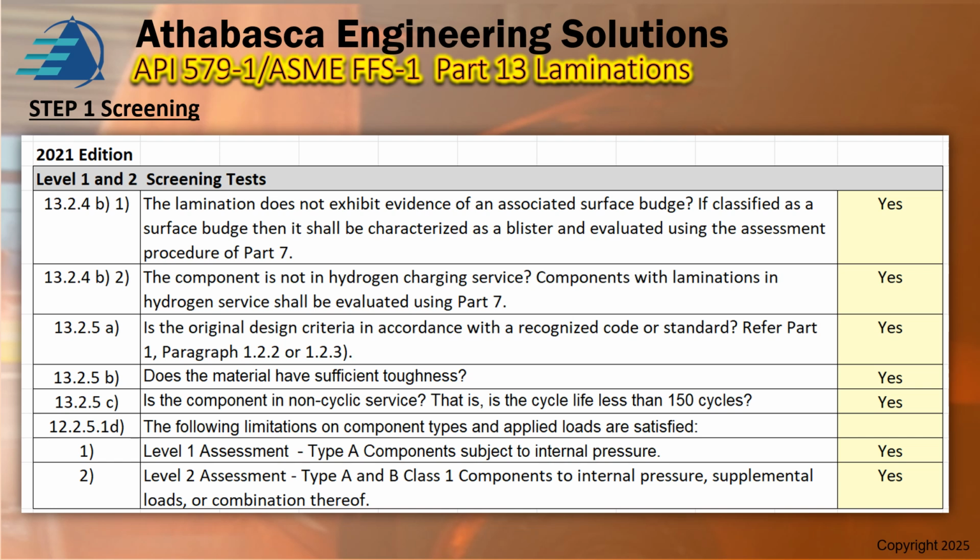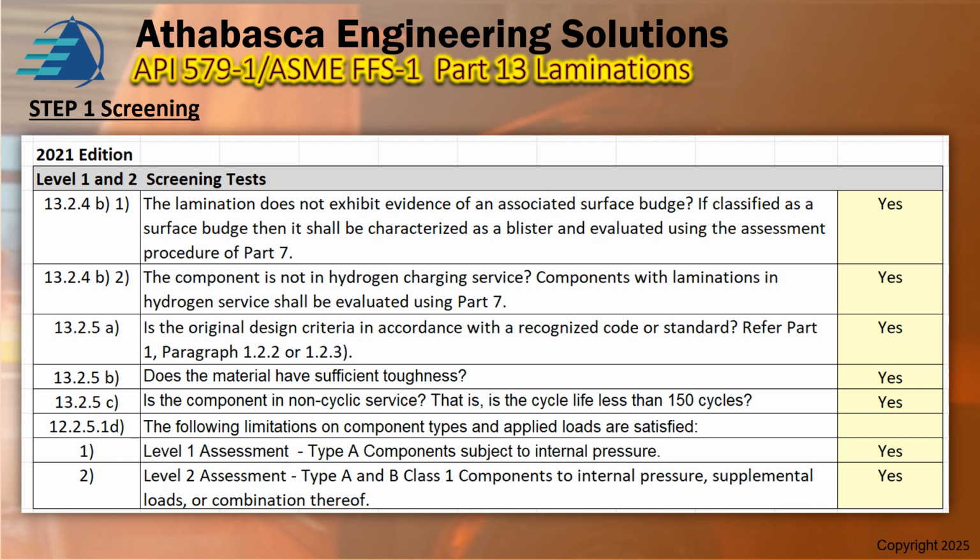Now that's going back to whether we have enough toughness in the part, whether it's a brittle situation. Is the component in non-cyclical service? Yes, and we have the types of flaws, and we've determined it was a type A. And if we have piping, then there might be another way to do this.